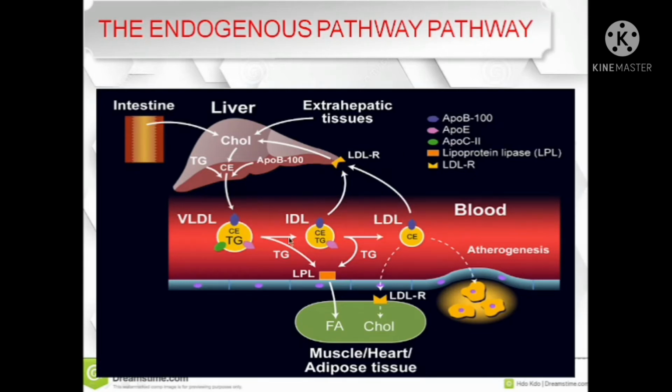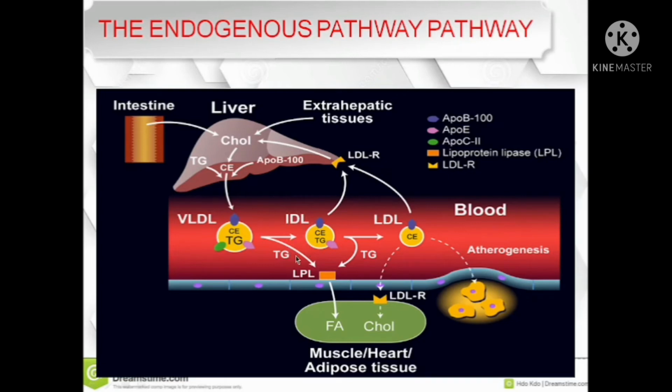So LDL is what we get after half of the IDL is taken up by the hepatic triglyceride receptor. The amount that remains in circulation will be converted to LDL, low density lipoprotein. It is very, very important. After the last ApoE is returned to HDL, the remaining particles are known as LDL.